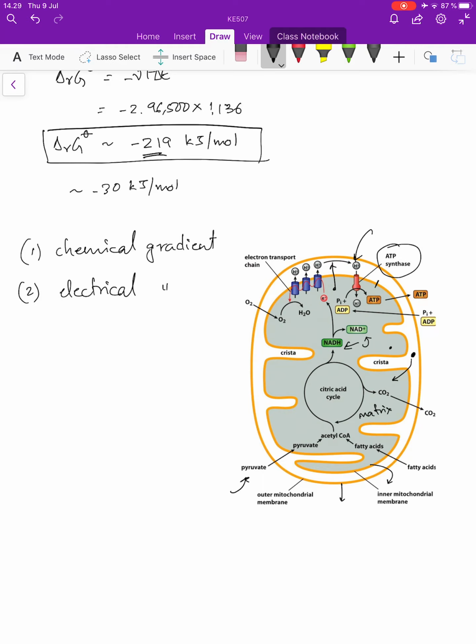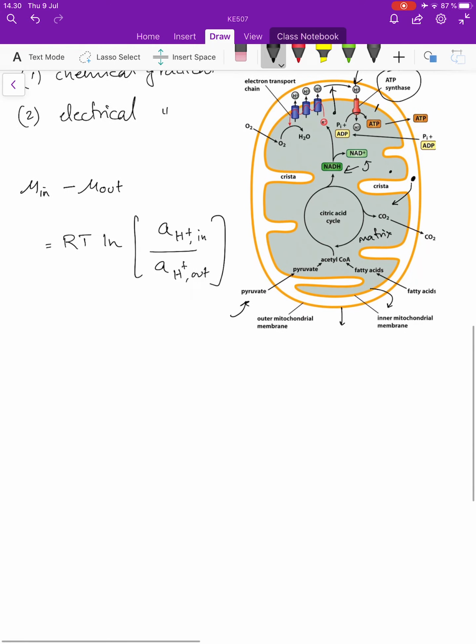If you look at the chemical potential difference between the inside and the outside, this is given by RT ln the activity of protons inside divided by the activity of protons outside. Here activities are nothing but concentrations, so we can write RT ln of the proton concentration inside divided by the proton concentration outside.